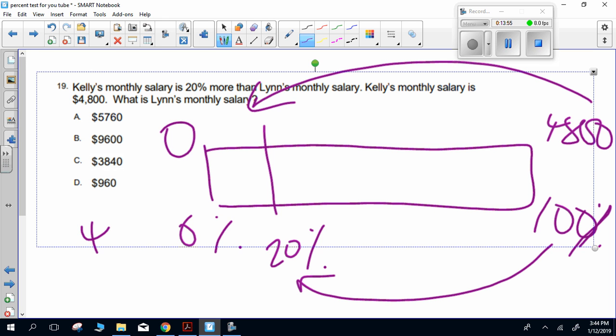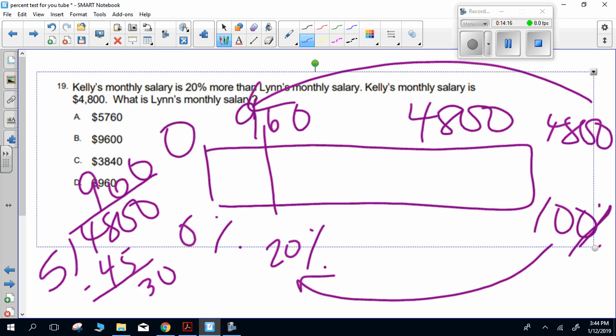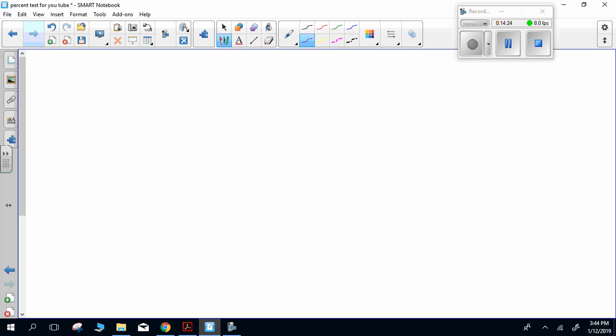Divide by 5. 4,800 divided by 5 is 960. So Kelly's is 20% more. So we got to do 4,800 minus 960. And that is 3,840. And that's it.